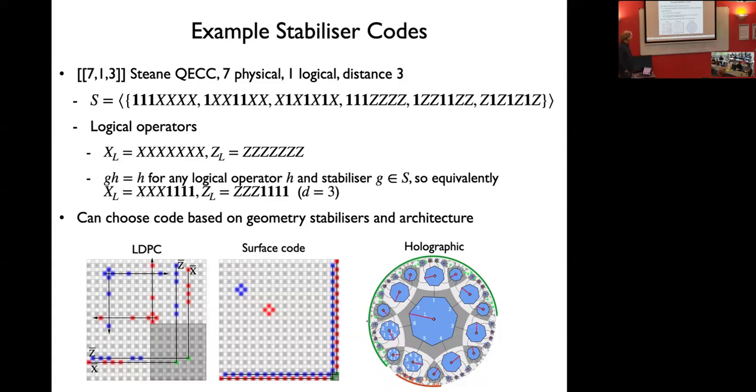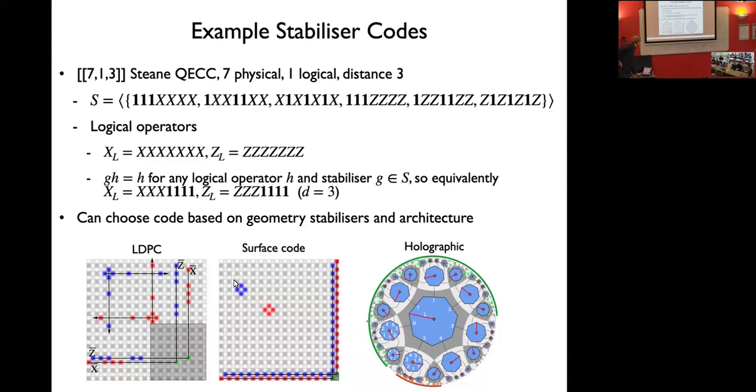There's the well-known surface code, which is a stabilizer code where the stabilizers have this nice geometrically local form. Here there's a 2D lattice of qubits, and the blue stabilizer would be products of Z's just along that little cross shape, and the red one would be products of X's.